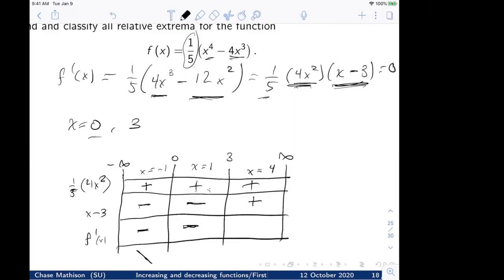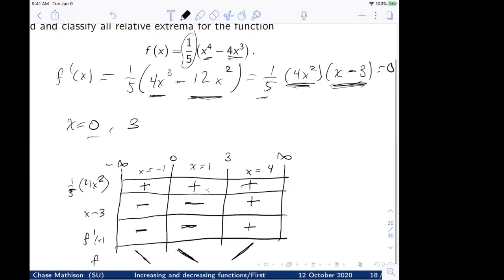So what sign does f prime have? Oh, I forgot to draw what f is doing here. So f is also decreasing between 0 and 3. Sorry. All right, and what sign does f prime have between 3 and infinity? Positive. Yeah, positive times a positive is going to give you a positive. So this is what f is doing. f is increasing between 3 and infinity.